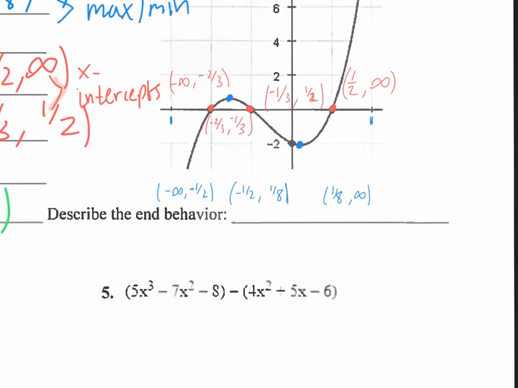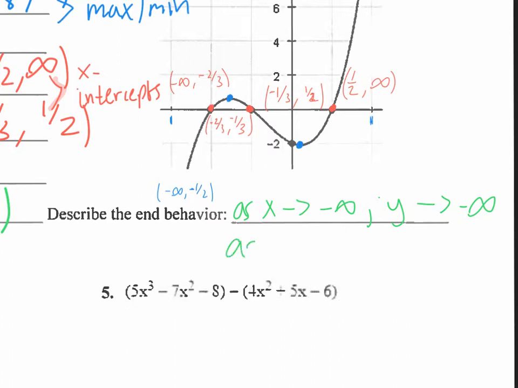If I'm to describe the end behavior, let me erase this stuff. I already described the end behavior, but that's okay. As x goes to negative infinity, or as x goes left, my y goes to negative infinity as well. It goes down.